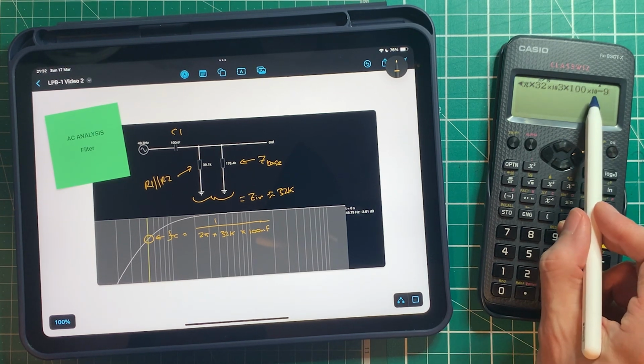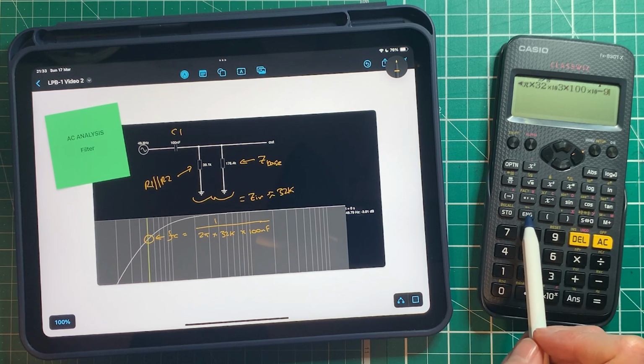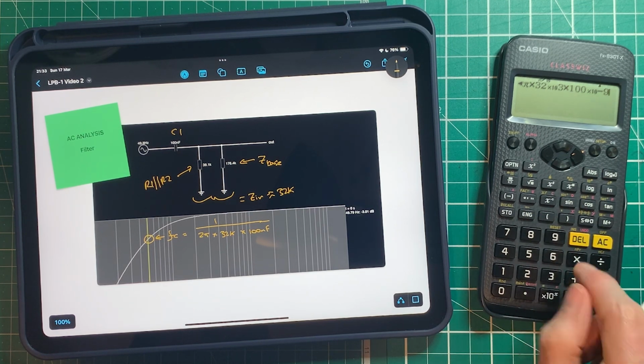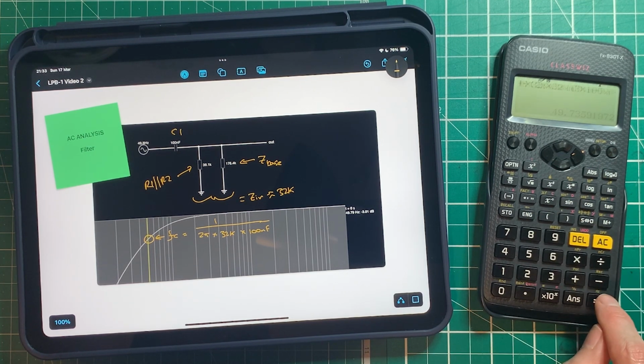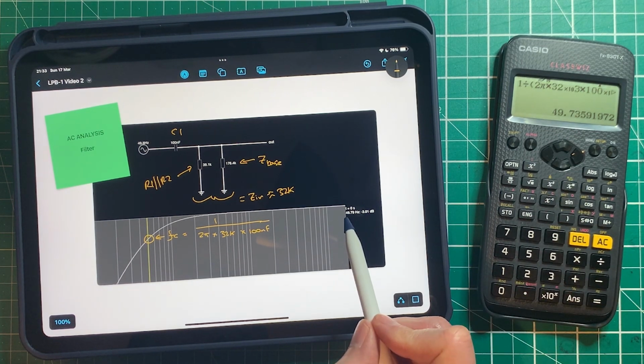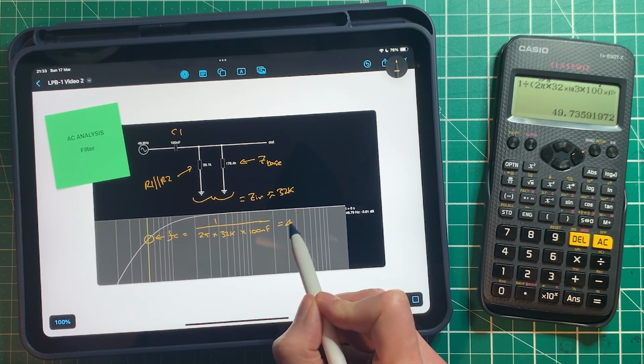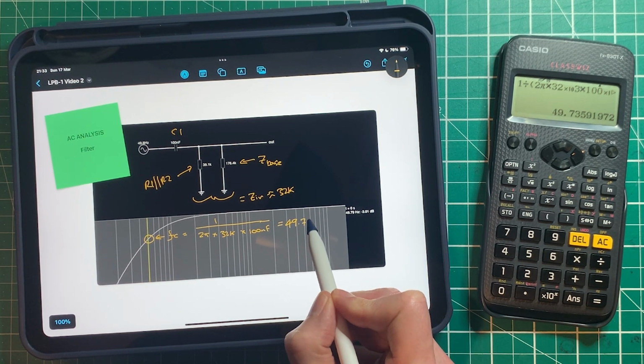So I just automatically think these days times 10 to the minus 9, because I've got used to this engineering notation that I was talking about in the last video. 49.73, Falstad said 49.79, so very close. 49.74, I'm going to call that, hertz.